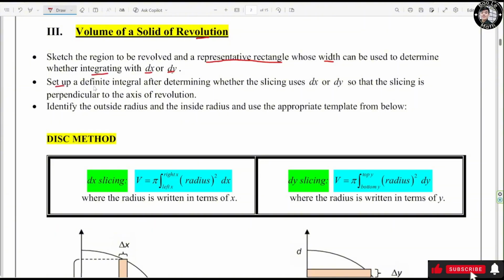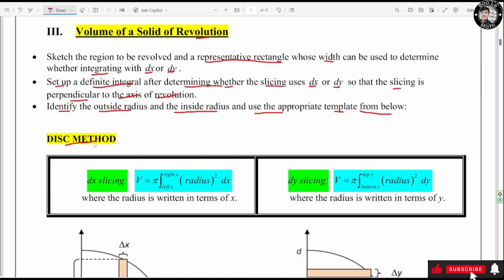Second, set up a definite integral after determining whether the slicing is using dx or dy, so that the slicing is perpendicular to the axis of revolution. Lastly, identify the outside radius and the inside radius and use the appropriate template from below.